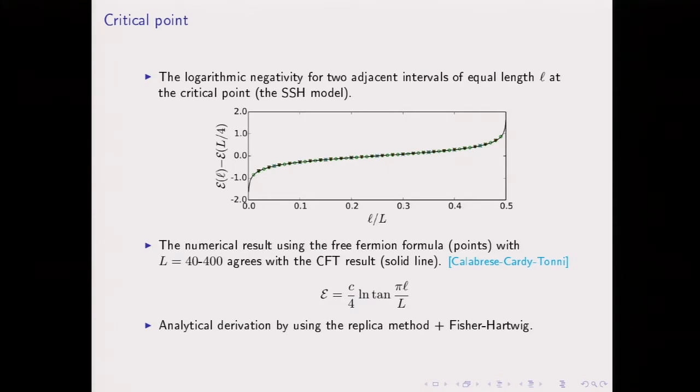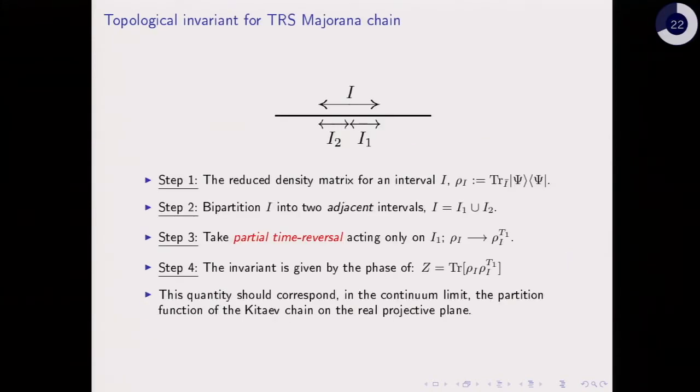Okay, so that's the first thing: for the entanglement, our definition seems to work perfectly. Now for the topological invariant, we can define a topological invariant using our partial transpose. We take the same setup as before, but we just use the fermionic version of partial transpose.